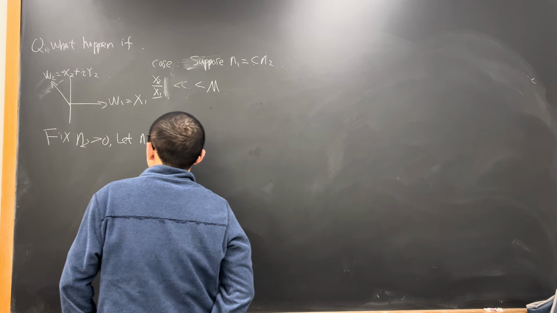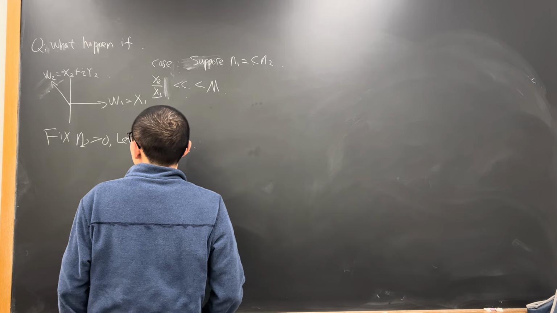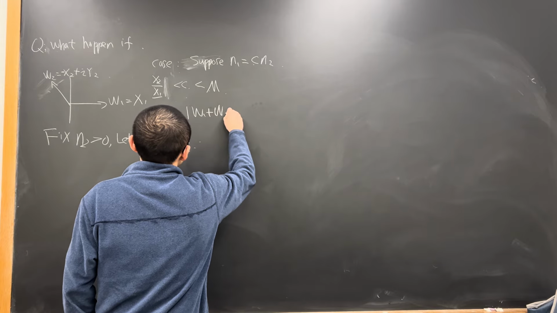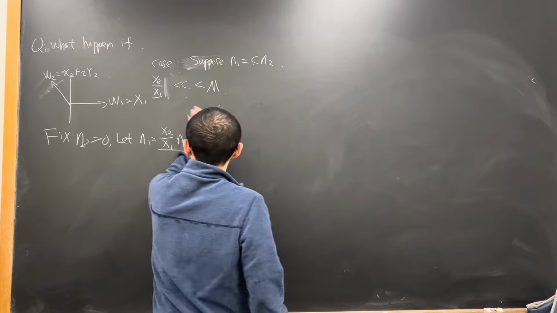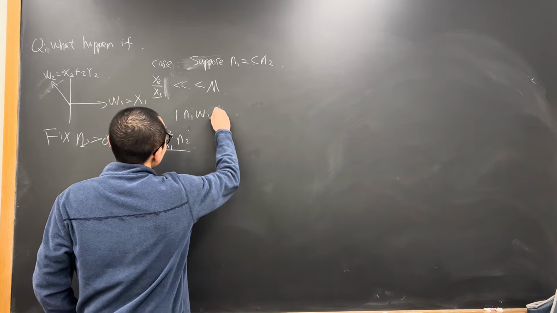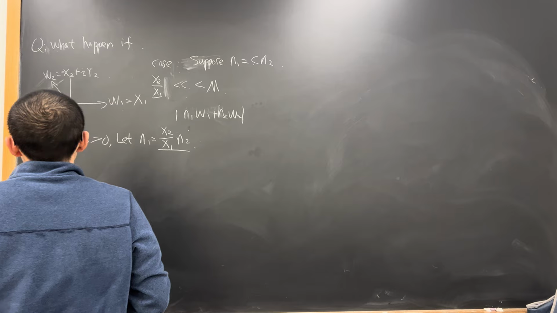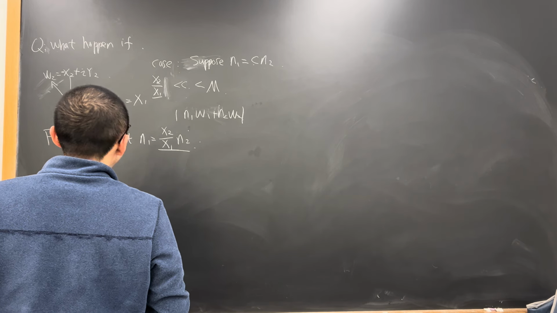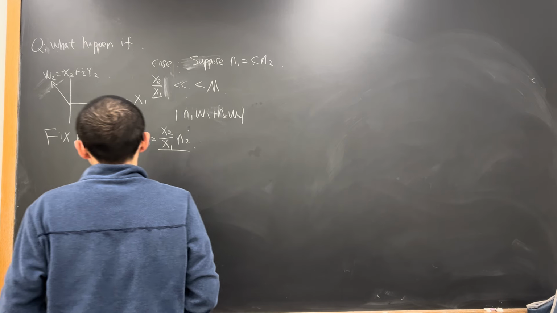What I want is to have the modulus of N1 omega 1 plus N2 omega 2, which is K.